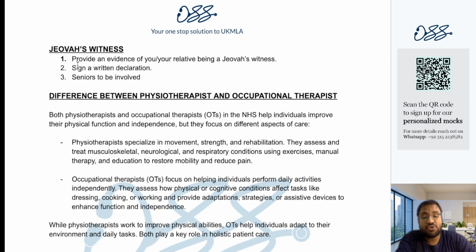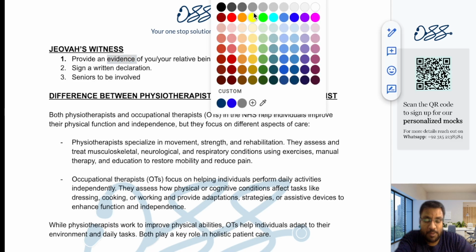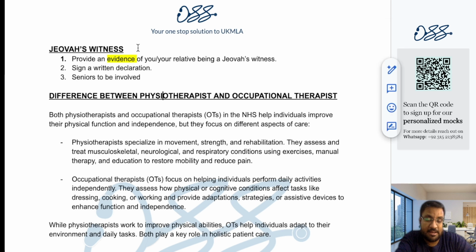So in the management, you have to ask for evidence that they are the Jehovah's Witness and they refuse blood transfusion. Number two, they may have to sign a written declaration. How you're going to word it, I'll tell you in a while. And number three, you would have to involve your seniors. These are the three things that need to be done.